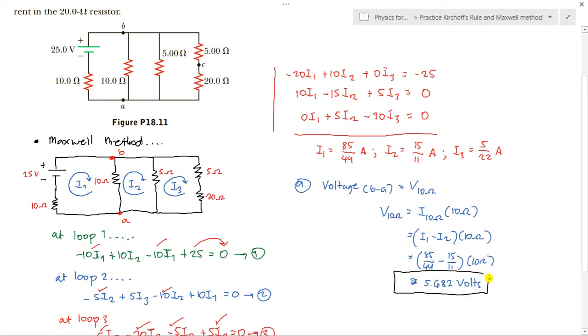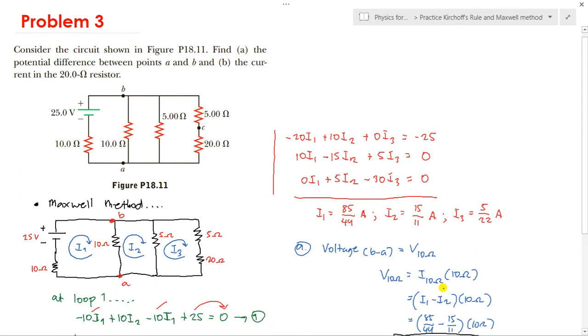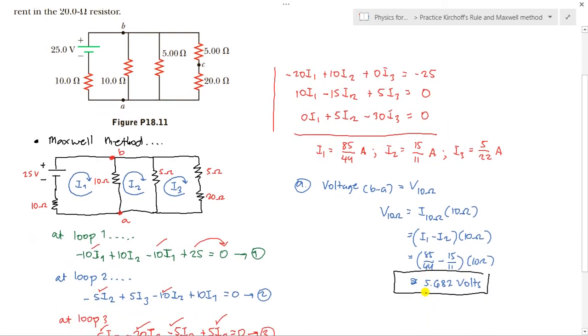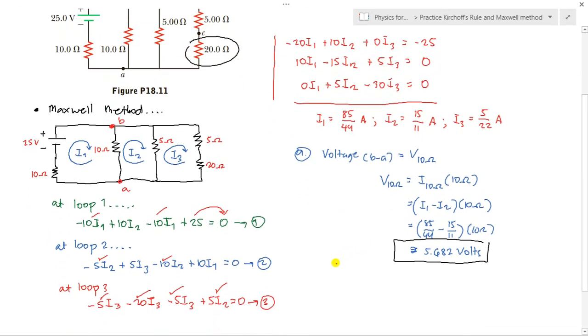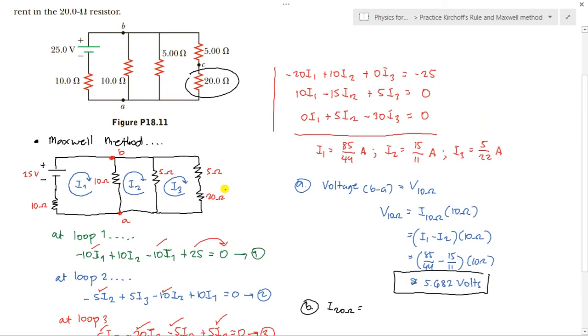Mao na siya, class. And then solving for B, the current daw in the 20 ohm resistor. So kaning last, unsa may pass through ani nga current kana sa 20 ohm resistor? Based sa atong result ni Maxwell, nana siya sa third loop, I3.